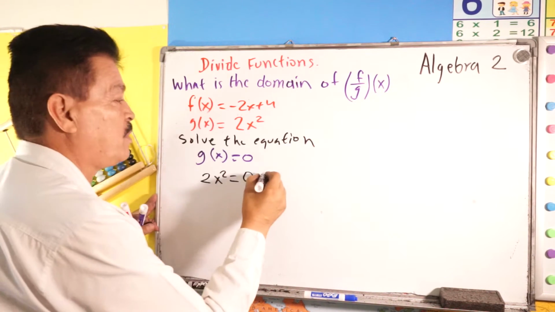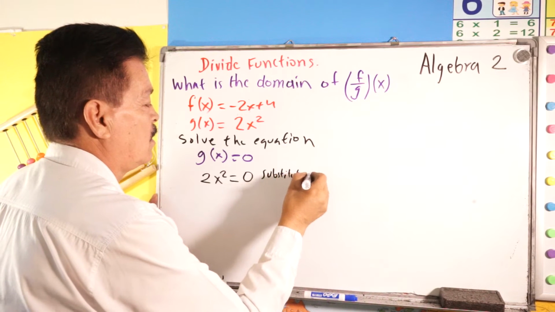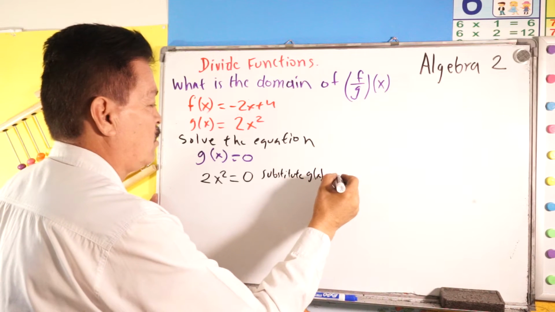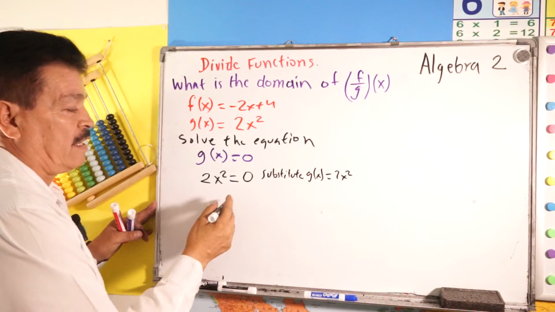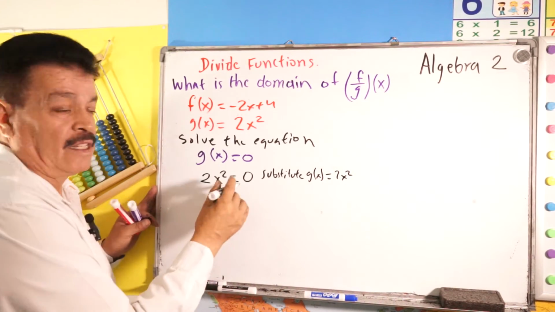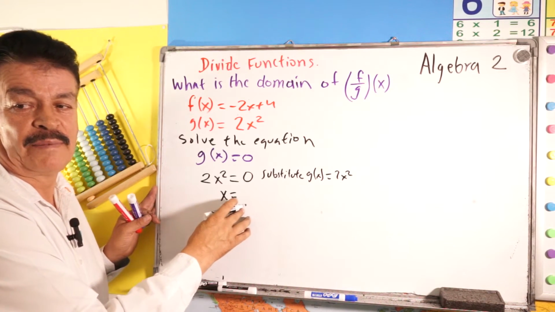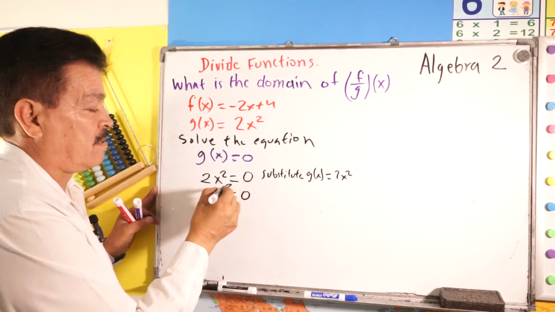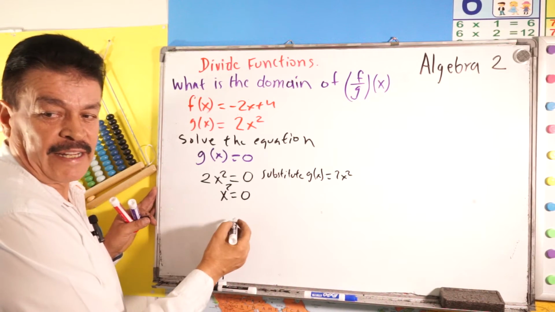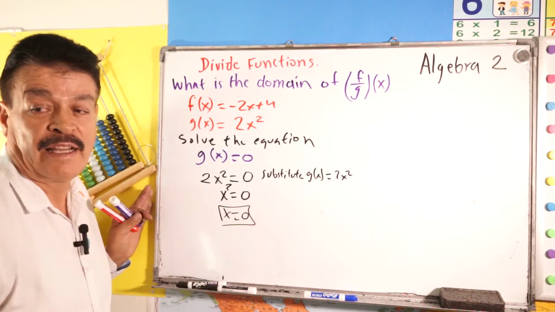Now simplify: x squared equals 0, so x equals 0.